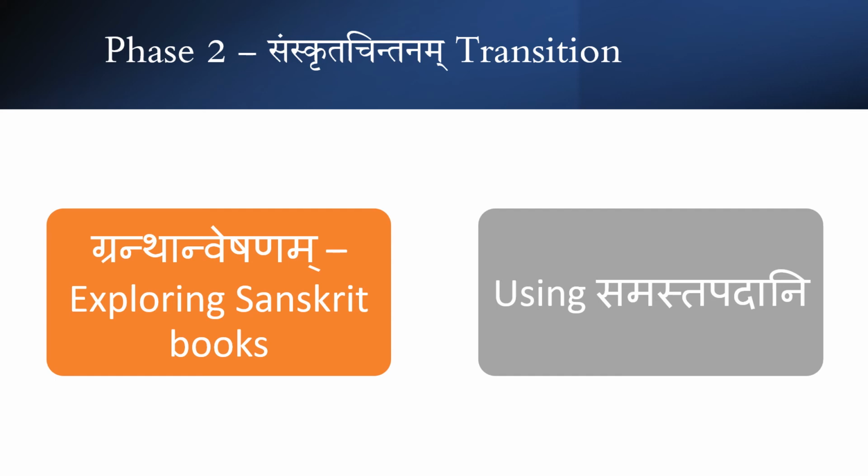In the next phase we have to proceed to Samskrita Chintanam. This is important. As we progress through reading and speaking and writing, we come across the style of using the Sanskrit language, how the words are formed, how the words are used in different contexts. This comes with experience and time only. As one invests more and more time in studying Sanskrit literature, one will get more and more familiar with that kind of usage.